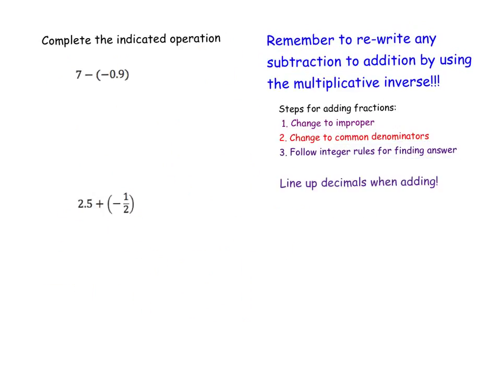All right, let's try one with a decimal. So again, rewrite any subtraction to adding. I again put multiplicative inverse, but really, I love multiplicative inverse, but that's the same thing as reciprocal. What I meant to say was additive inverse.